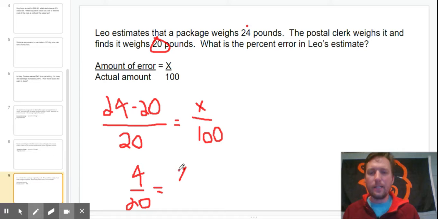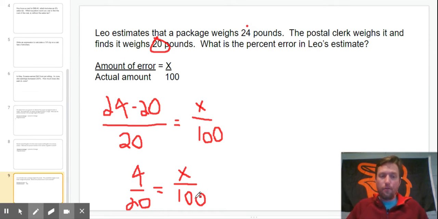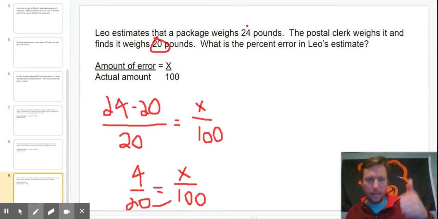Now, again, I can solve this in one of two ways. I want you to think about which way makes the most sense for you. The first way: these are now fractions, or proportions, but it's very similar to equivalent fractions. How does this 20 become 100? Well, 20, 40, 60, 80, 100. I'm multiplying by 5.